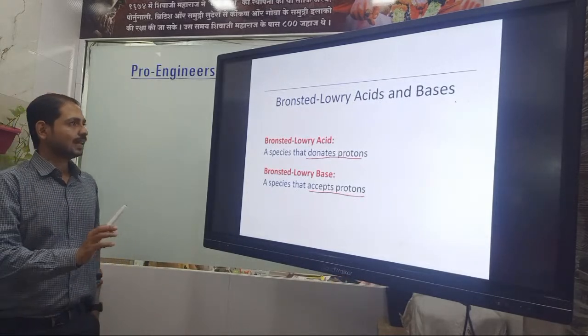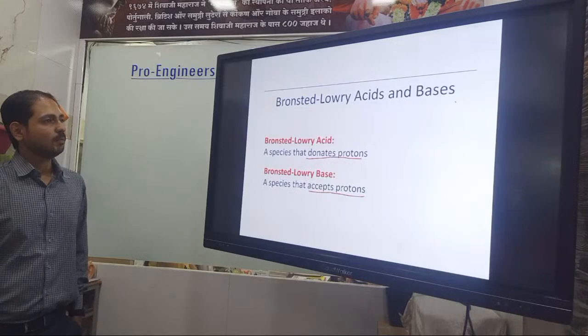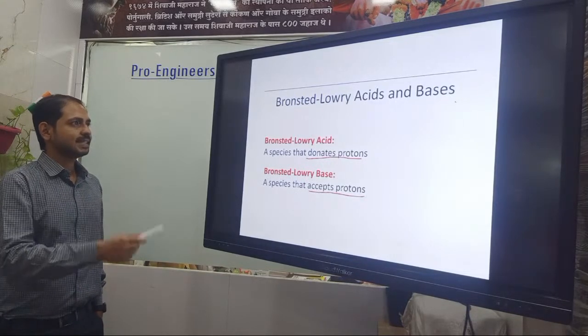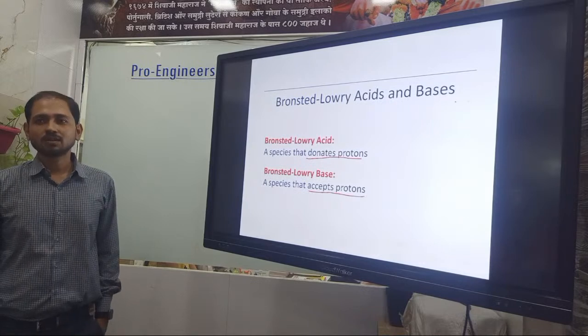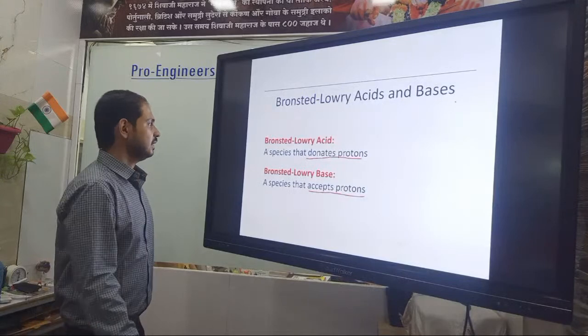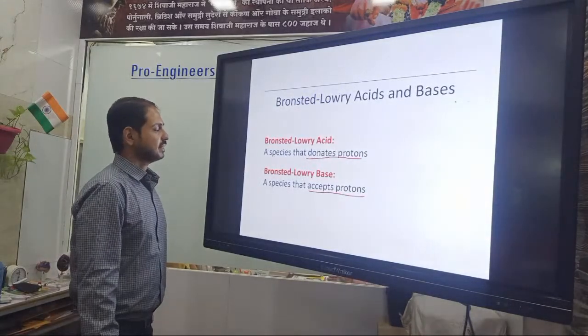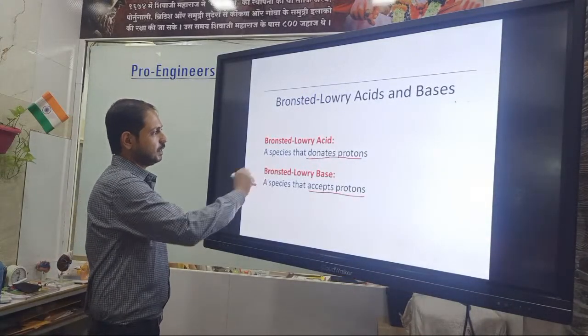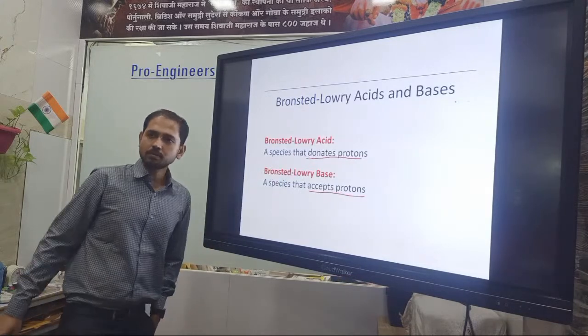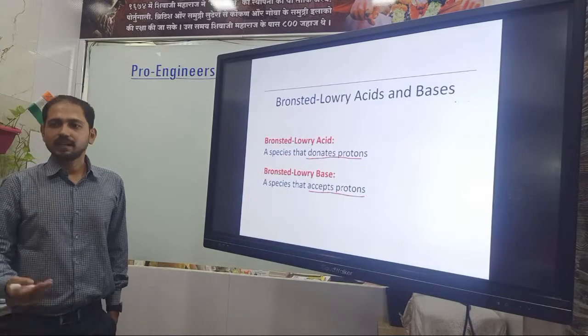Although the concept is very simple, identifying acids and bases using this concept is not so easy. You need to study more, then only you can identify the Bronsted-Lowry acid and base. It is very simple: the species that donates protons. Protons means nothing but H+, like Arrhenius.